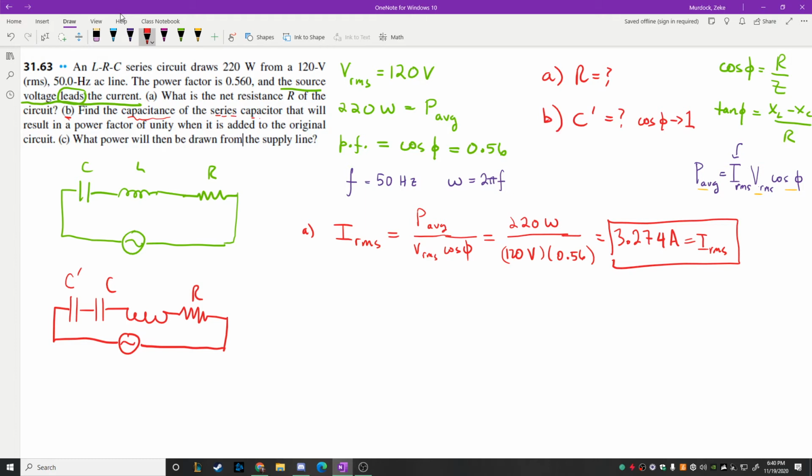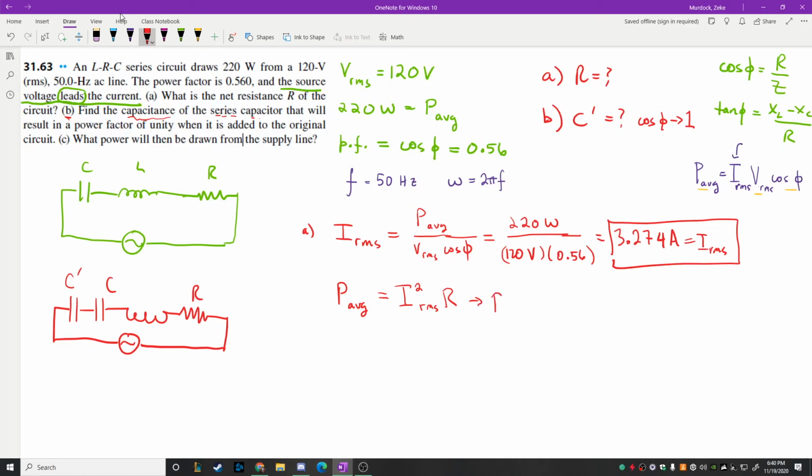Okay, there's another power average equation. And well, if we substitute in the cosine phi with R over Z, we're going to run into a problem because Z is unknown right now. So instead what we can do is there's another definition of average power that was I squared RMS multiplied by the resistance.